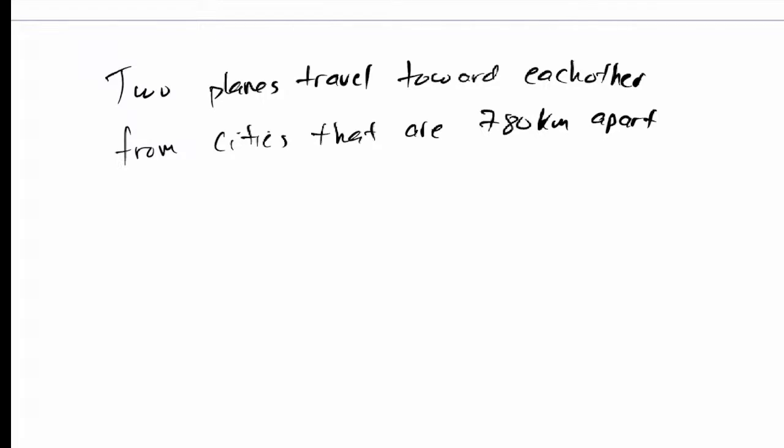Two planes travel toward each other from cities that are 780 kilometers apart at speeds of 190 and 200 kilometers an hour.